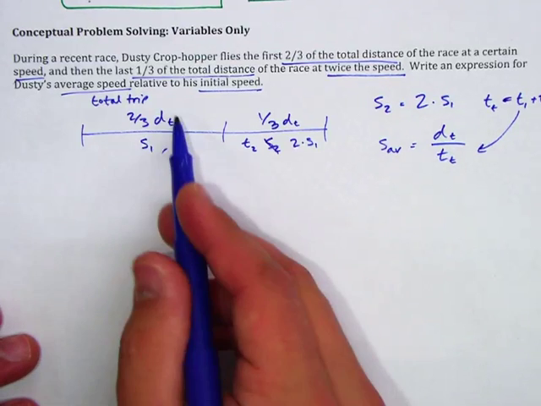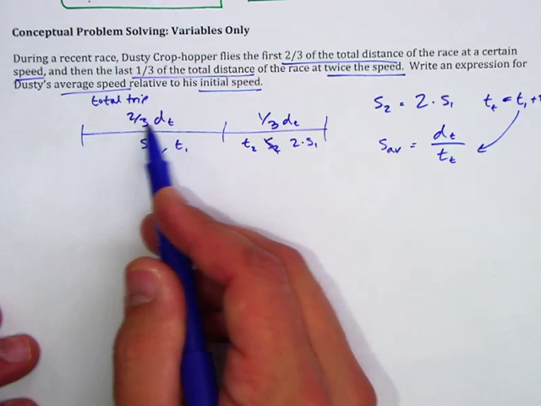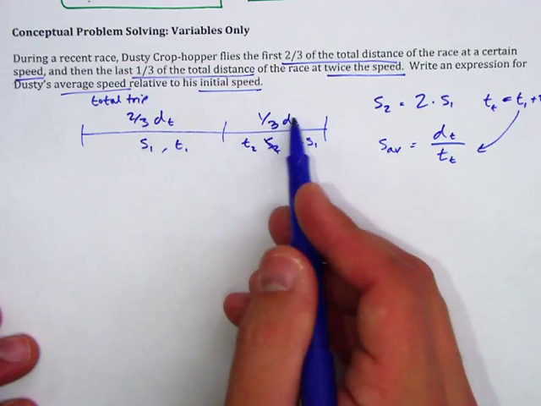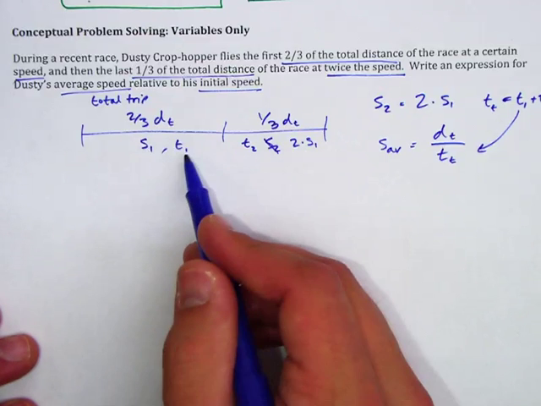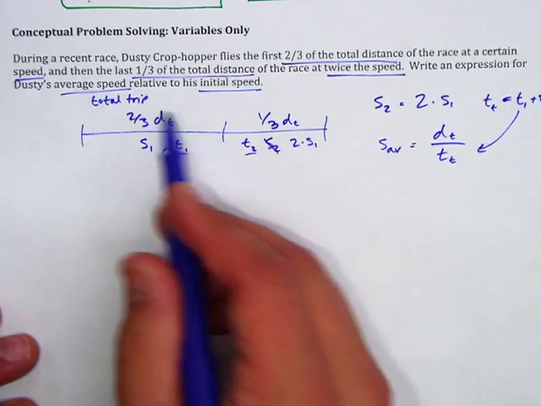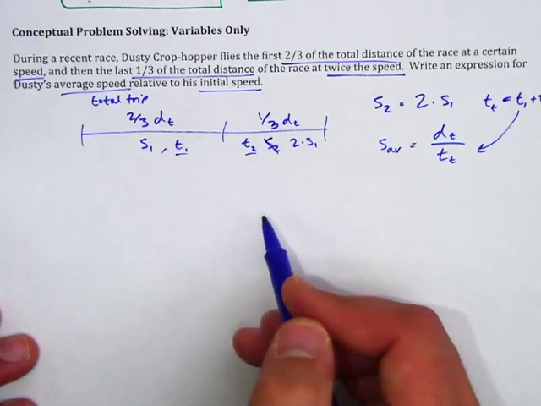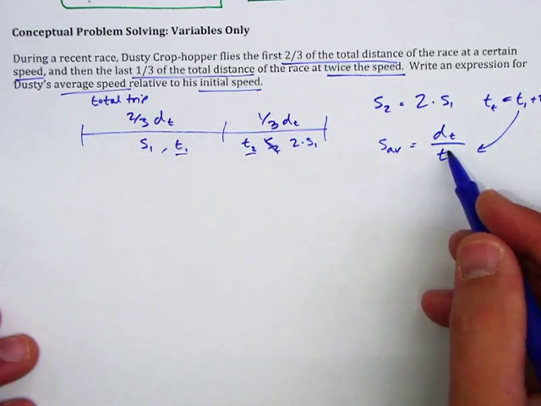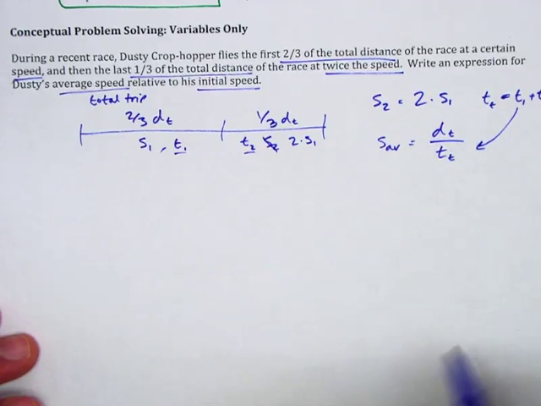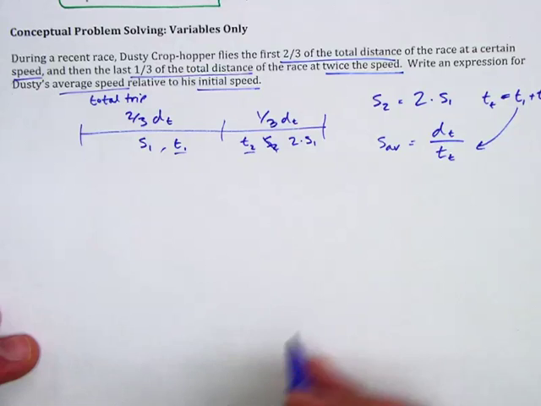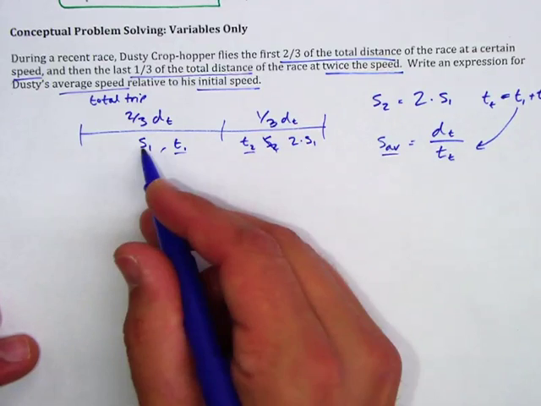Because I know now 2/3 the distance at a certain speed, 1/3 the distance at a certain speed relative to the other speed. If I express these two speeds in terms of time, I could substitute that for my total time by adding the two together and then solve that expression out and see what I end up with. See if I end up with an average speed relative to speed 1.